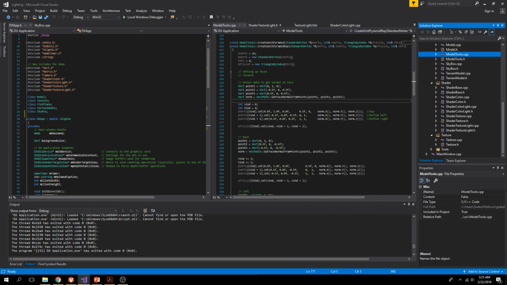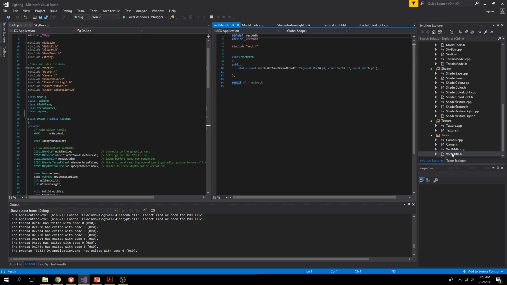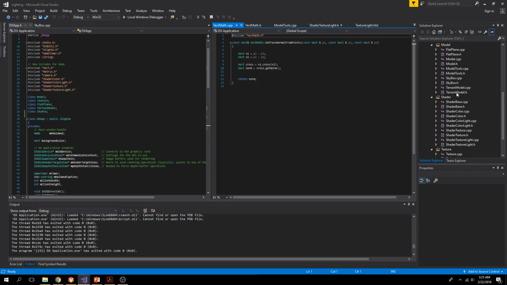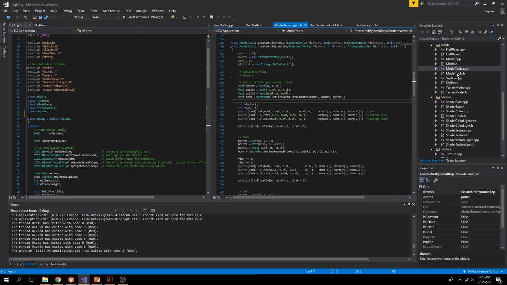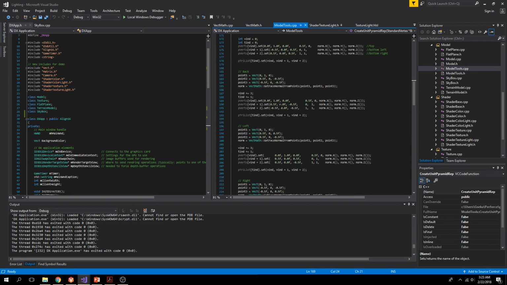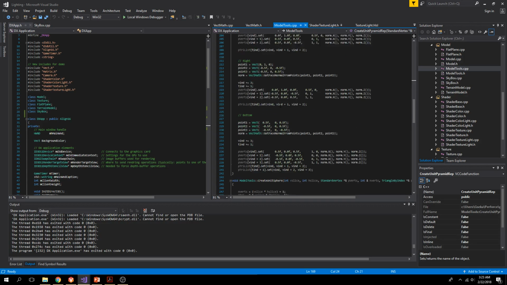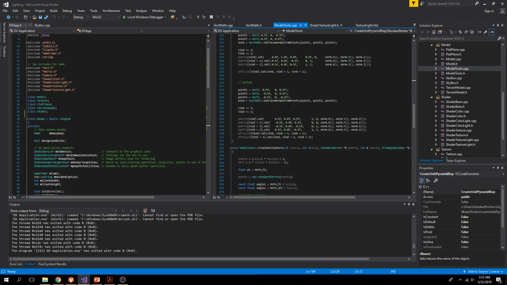So it's just a small helper class. All I'm passing into that is the points used to form the vectors. That's how I'm calculating my face normal.